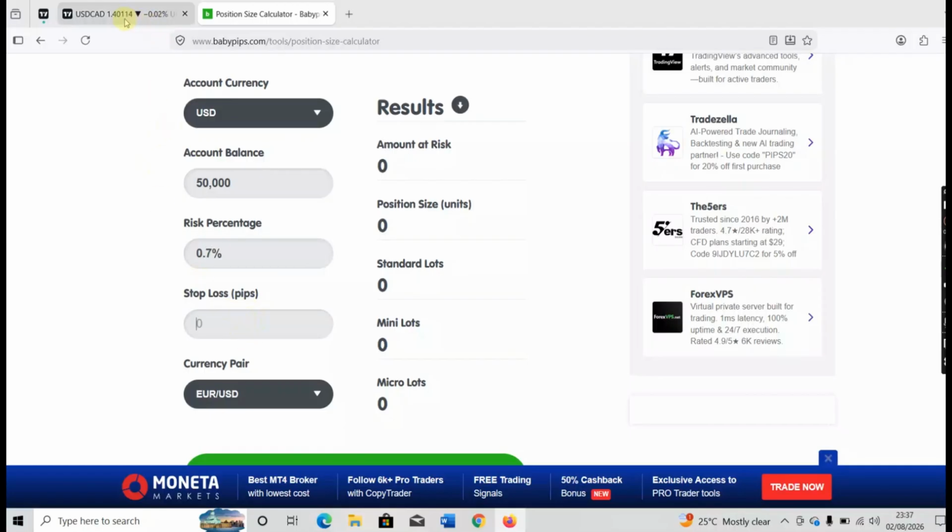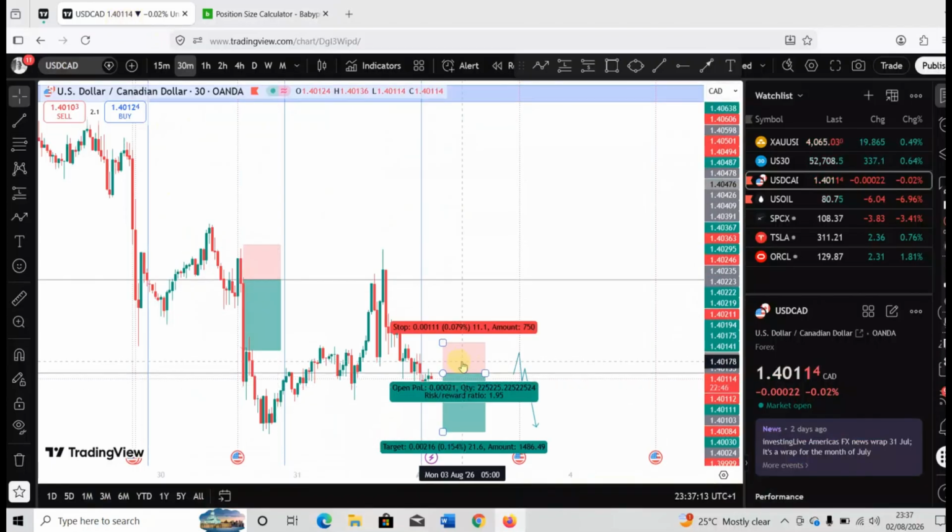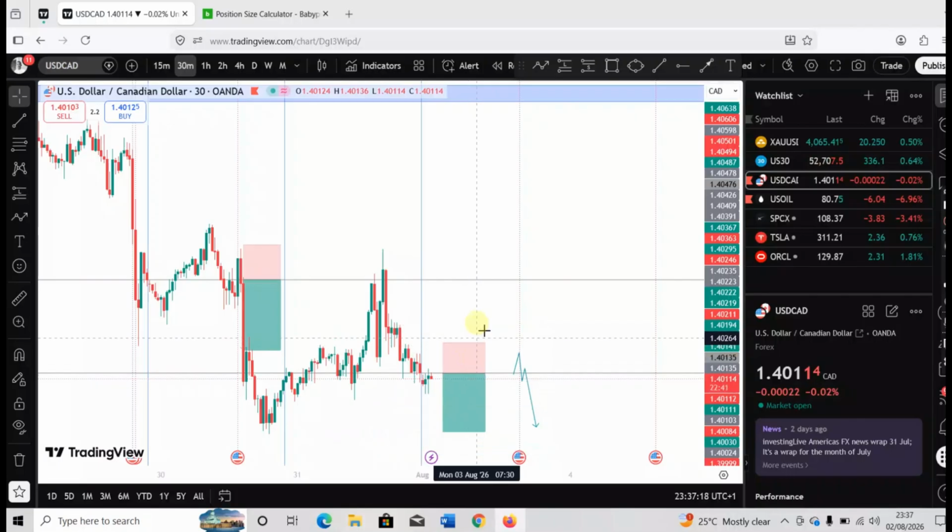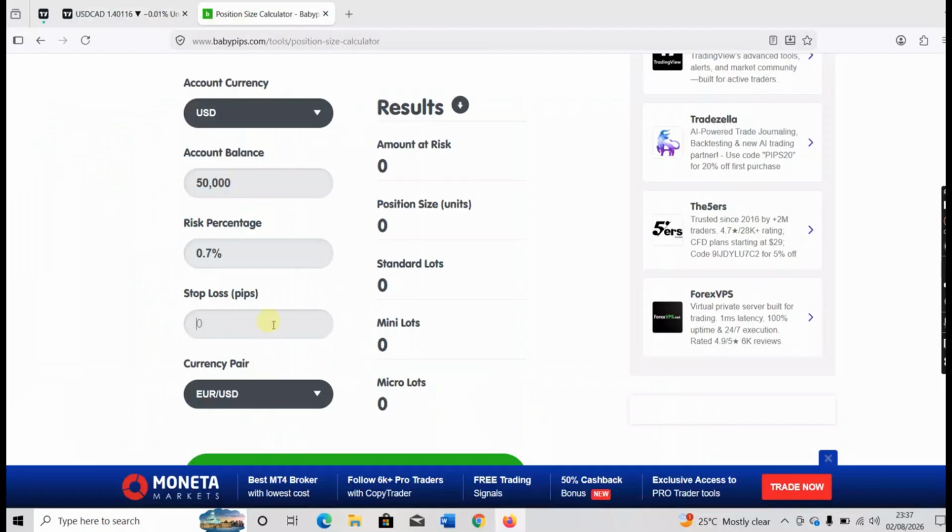Then my stop loss here is 11.1. This is the stop loss, this red here. That is the stop loss, 11.1. So put it in.